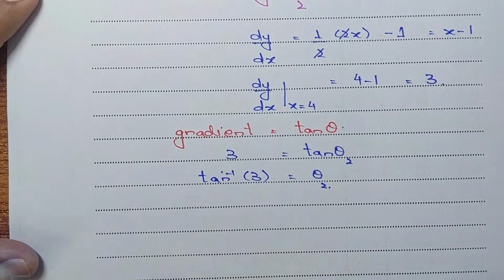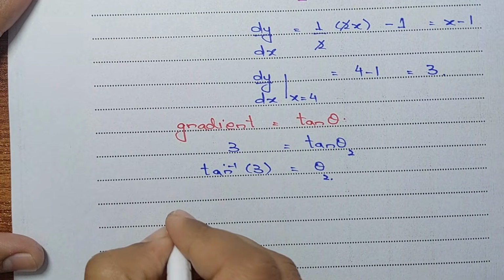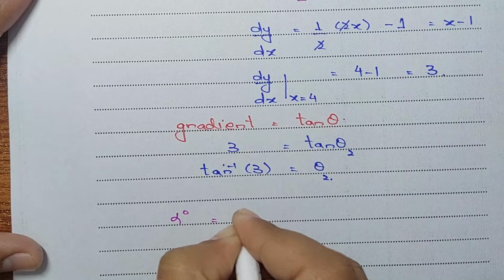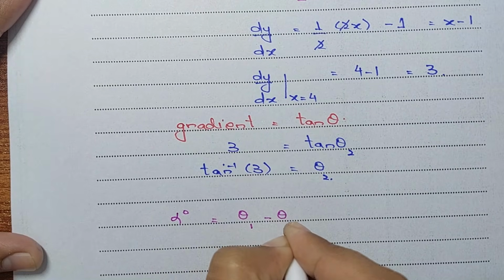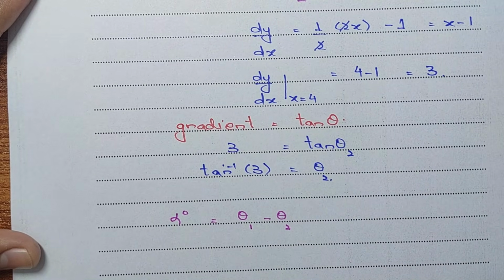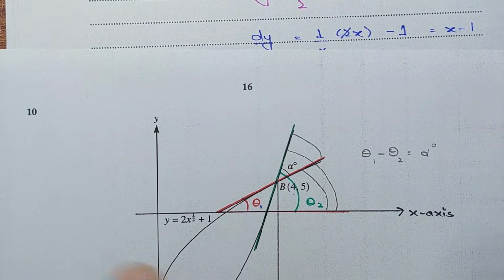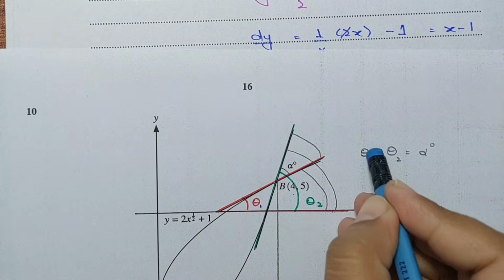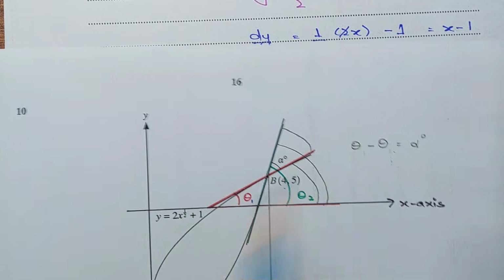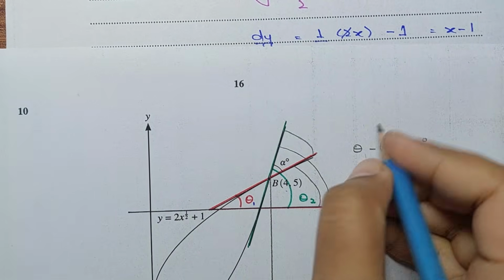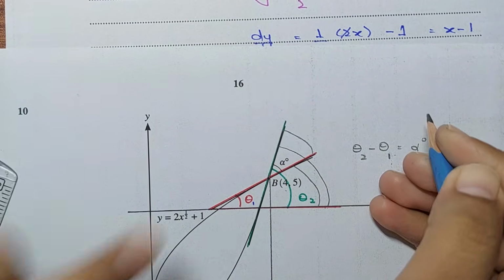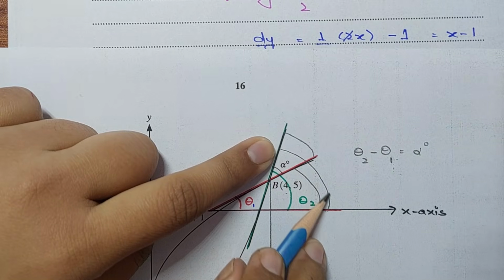Now we can say alpha is basically theta 1 take away theta 2. No, sorry, I messed up. This whole angle is theta 2. Sorry. From theta 2, you have to take away theta 1. So the green one is theta 2.